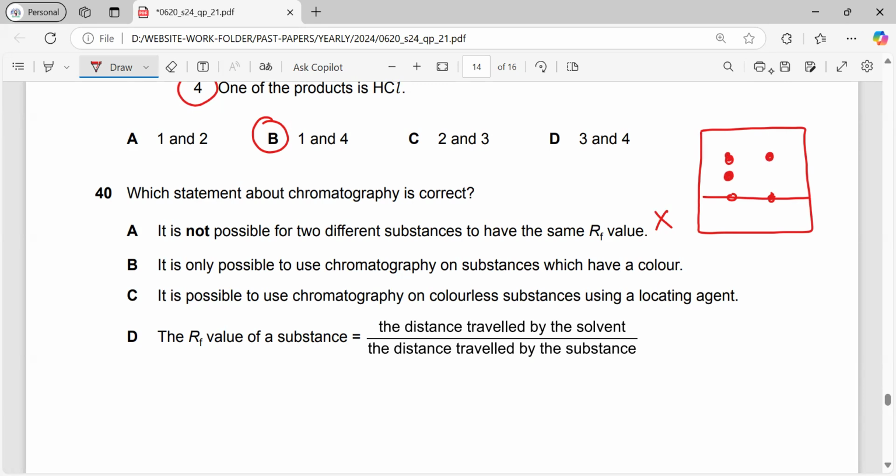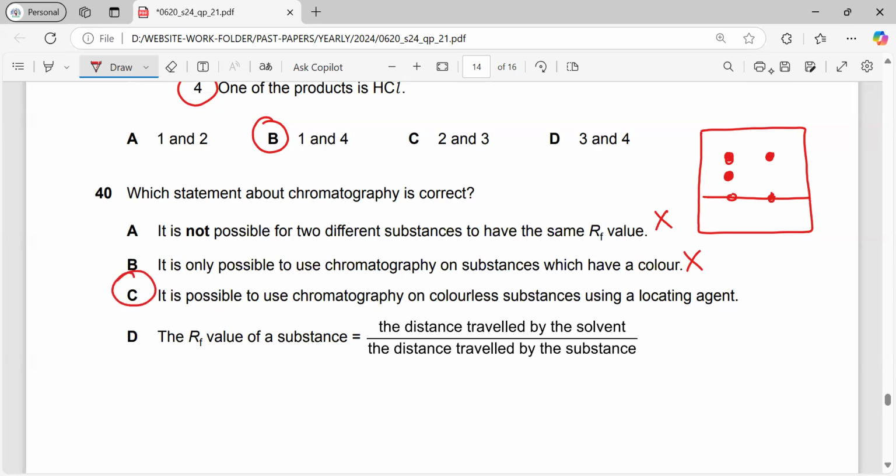It is only possible to use chromatography on substances which have color. No, we can also use chromatography on colorless substances, and then we can use a locating agent on them to make them visible. Yes, it's correct.